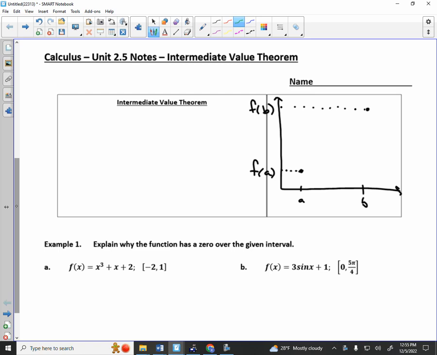And what it says is, if the function is continuous, then it's going to have to cross over every y value between f of a and f of b.